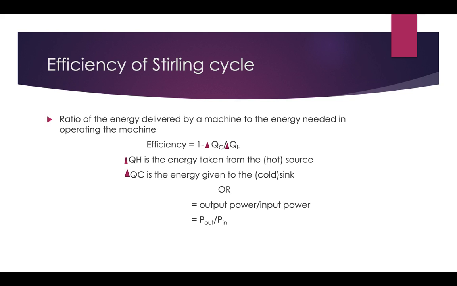This is a mathematical expression where delta QH is the energy taken from the source, and delta QC is the energy given to the sink. Or as I told you earlier, it can also be written as output power to the input power.